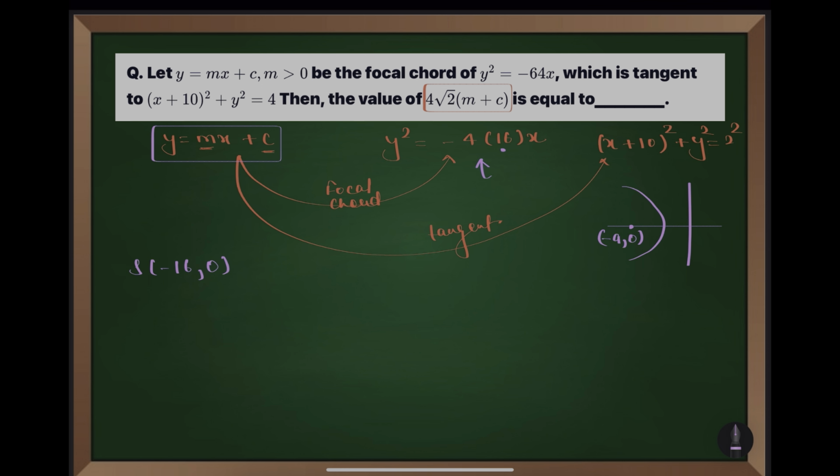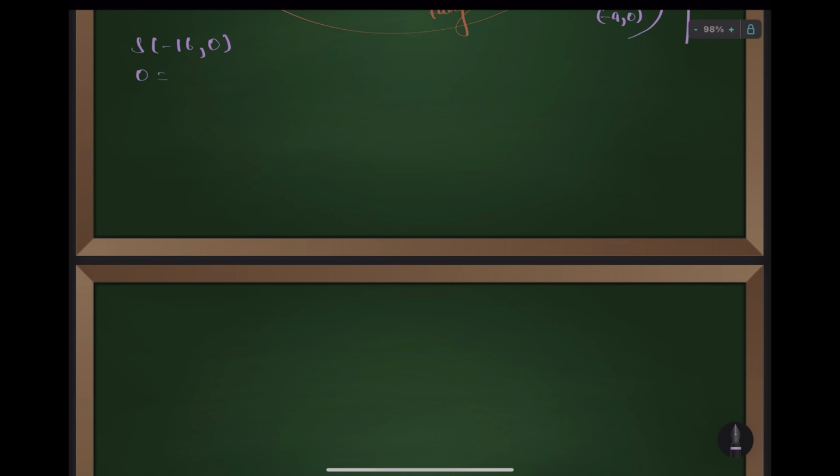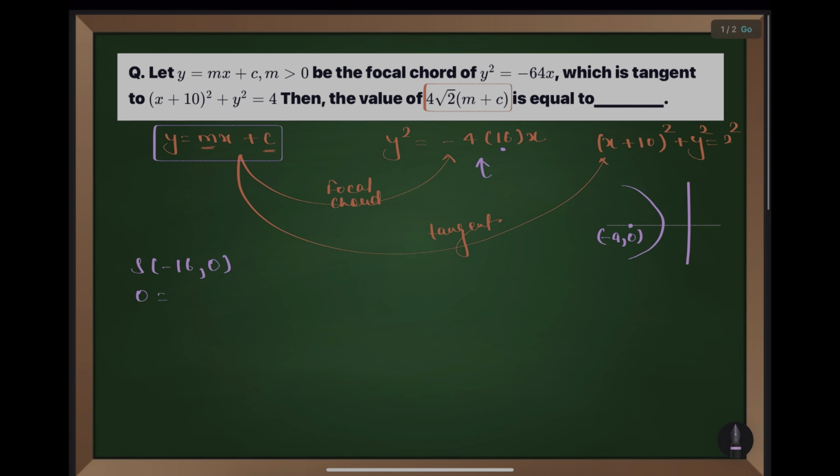And this straight line is passing through the same point, means it will satisfy this point. So in place of y you should write 0, in place of x you have to write minus 16. So 0 equals minus 16m plus c. So can I write c equals 16m? So we got one equation.